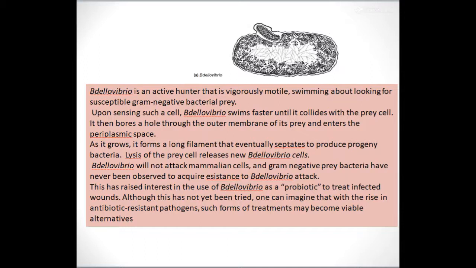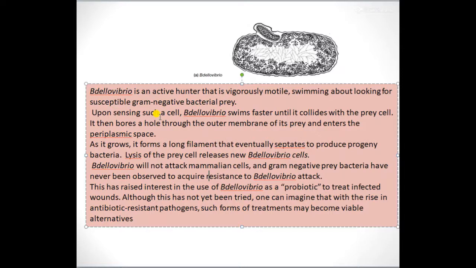Mammalian cells are not affected by Bdellovibrio, but E. coli cells or other gram-negative cells growing in the human gut, as well as in other environments, can be attacked by it.